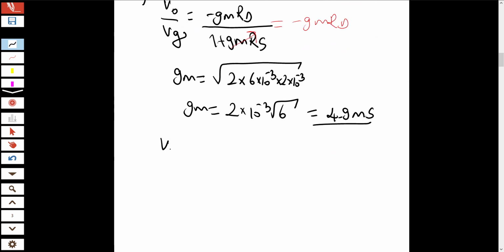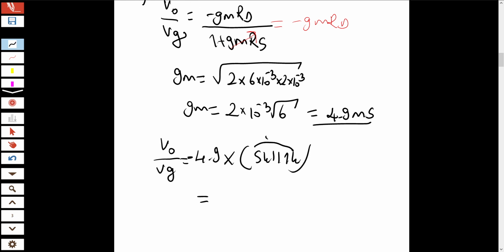So V output over V gate equals minus 4.9 times 5K parallel 1K. 5K parallel 1K is 5 over 6, I think. 5 over 6 makes 0.83K.